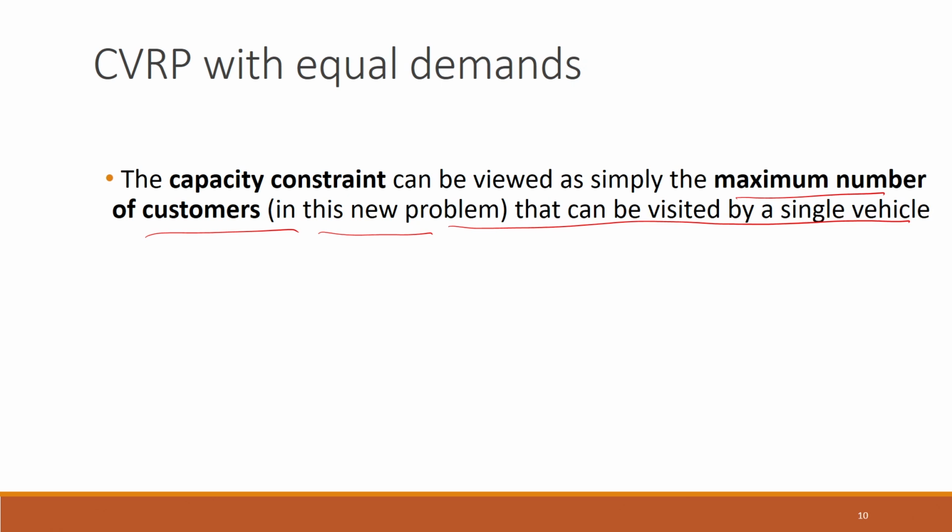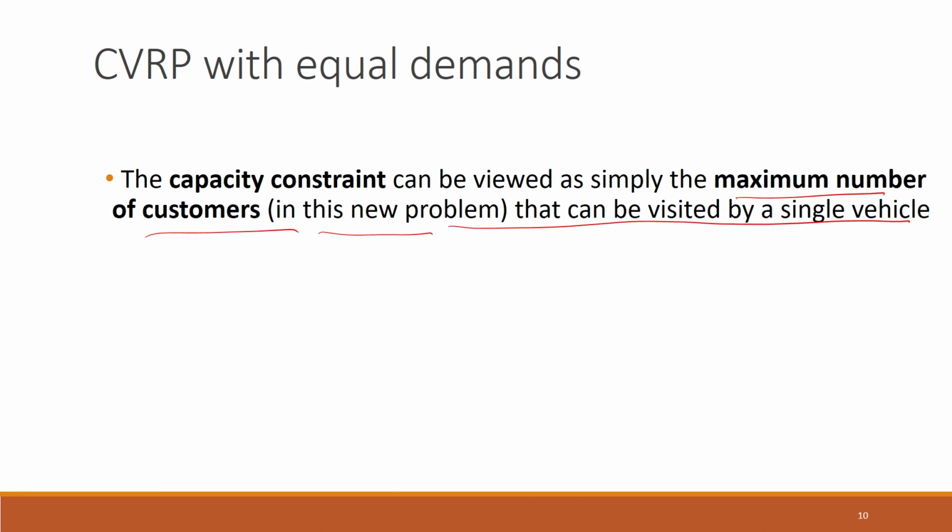Okay. So in this new problem, every vehicle that we have has a capacity for the number of items it can carry. Since every person is now only asking for a single unit of a particular product, the capacity constraint becomes that a single vehicle should not visit more than a maximum number of customers at a time.